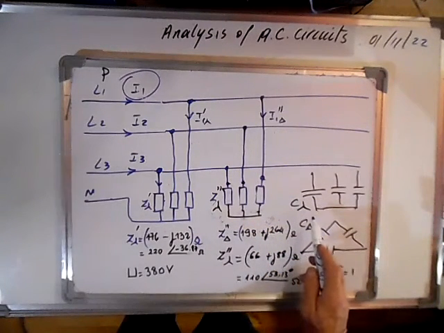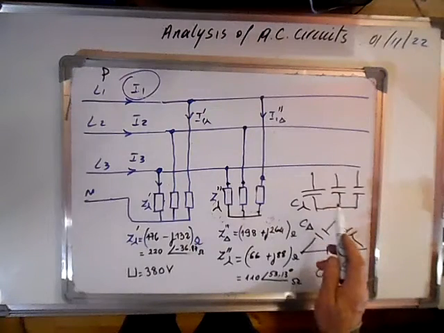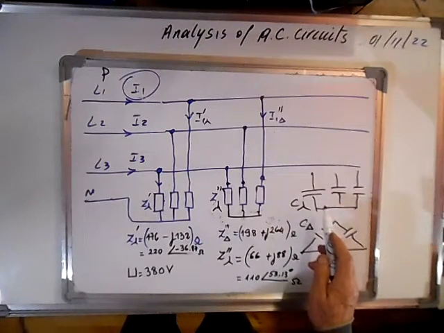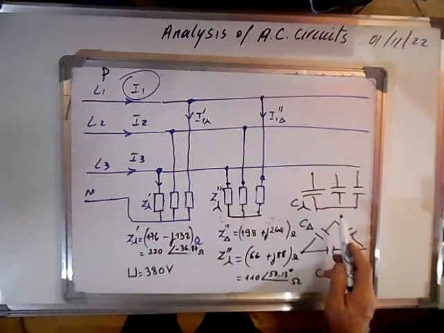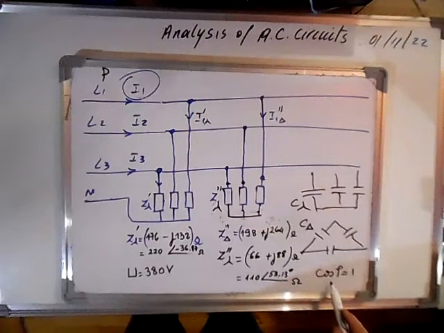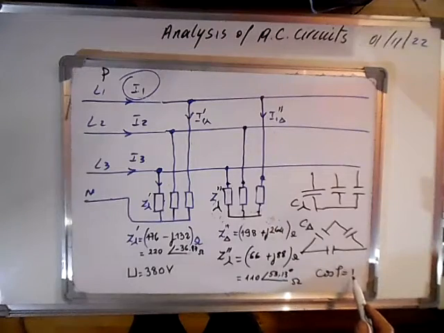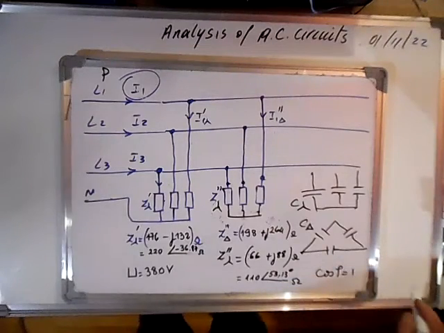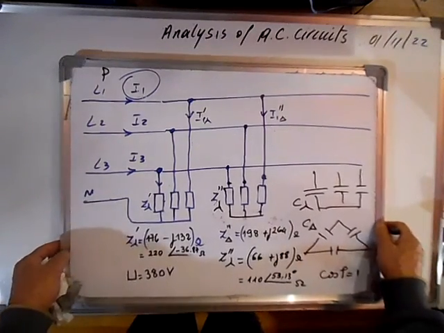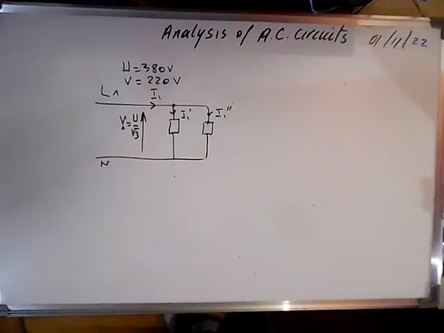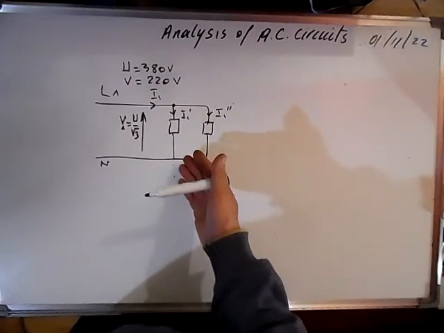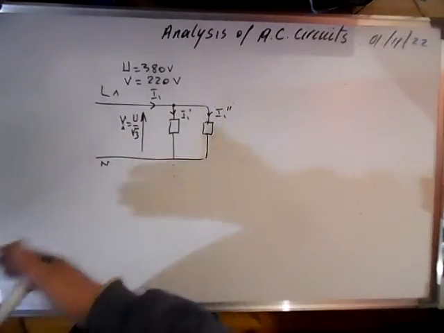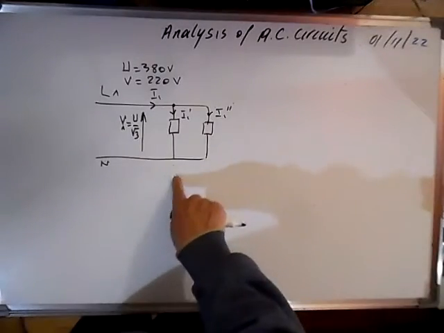later we are asked to calculate the capacity of the capacitor put in parallel with the loads that corrects the power factor to 1. Okay, so let's start. First of all, let's draw the equivalent circuit of one phase, because the circuit is symmetrical.